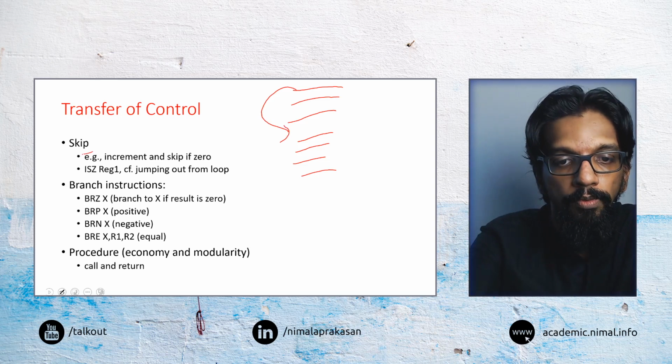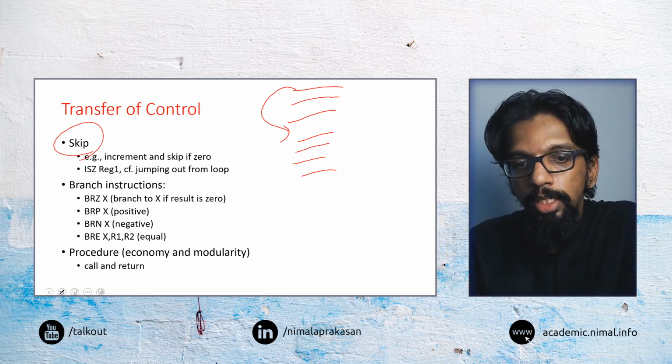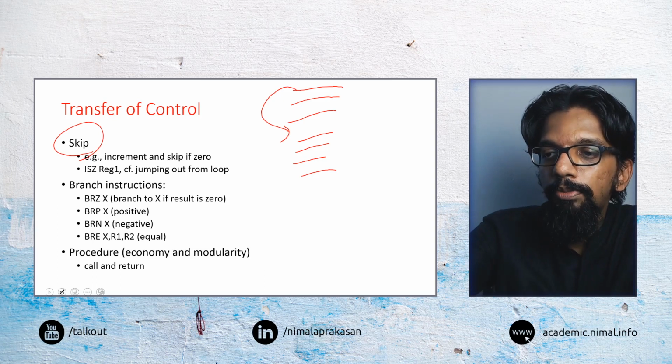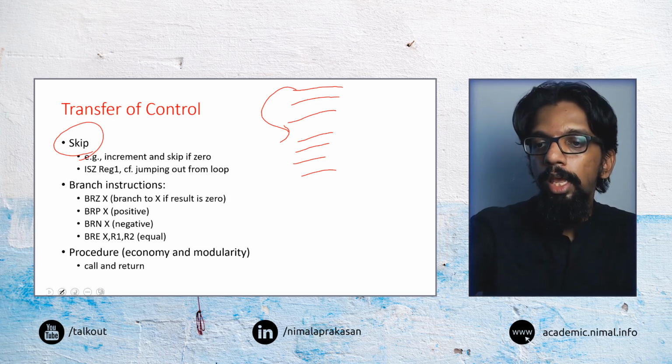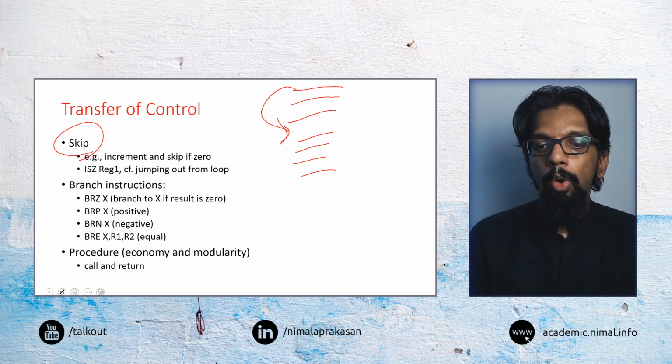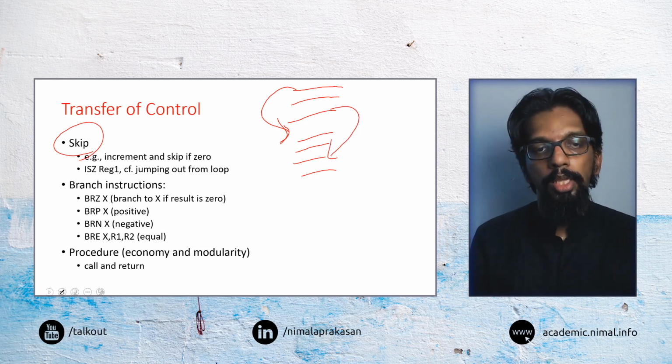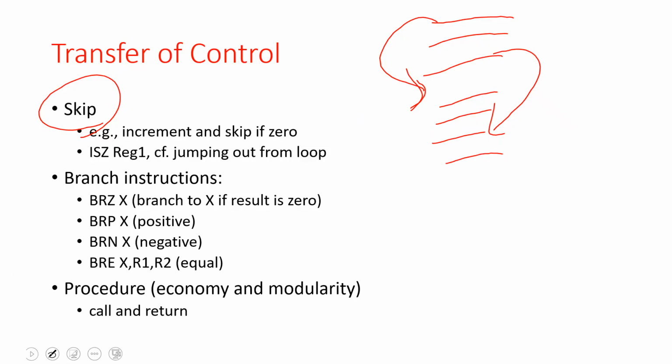We can have a skip operation, and say, for example, we can skip if the result of an operation is 0, we can skip to a particular point, or we can branch into a particular instruction. So these are also different types of instructions that can be used for transferring control within a program. Instead of a program going one instruction after the other, we can use these instructions to make the program jump from one place to the other based on certain conditions.